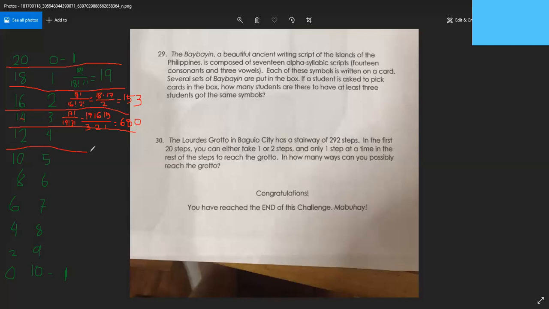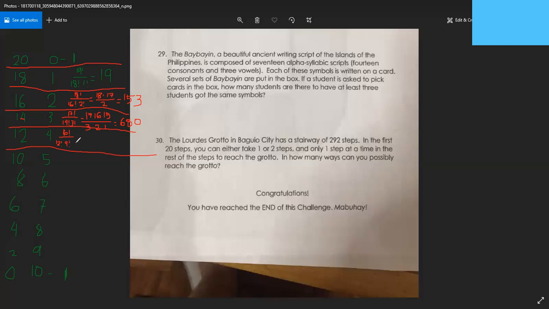Next, for this one, 12 plus 4, that is 16 factorial. So 16 factorial over the factorial of each number, 12 factorial times 4 factorial.